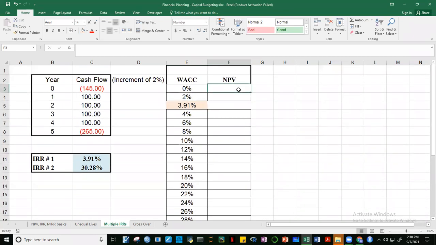Let's compute for the WACC. Okay, so it's equal to NPV. Okay, ang rate natin will be our WACC. Okay, we will not fix this kasi gusto natin pag binaba natin, pupunta siya dito, no? Values natin, take note guys, NPV to, so dapat yung year 1, simula sa year 1, and then we will have to fix the row.